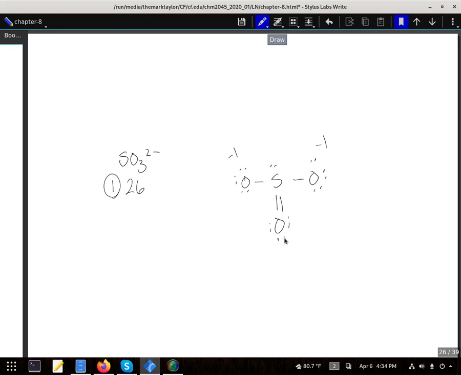Ooh, I tried to erase, didn't fully erase. Pretend that's not there. I'll erase this one. All right, that now has a formal charge of 0. This sulfur also has a formal charge of 0. That is actually a better molecule.